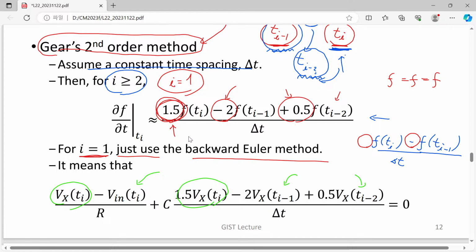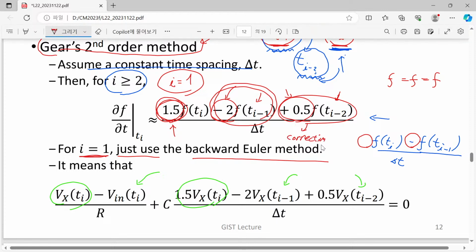Simply speaking, although both originate from previous time instances, this one really corresponds to the direct past value, and this one is used as a correction according to the second order expression.